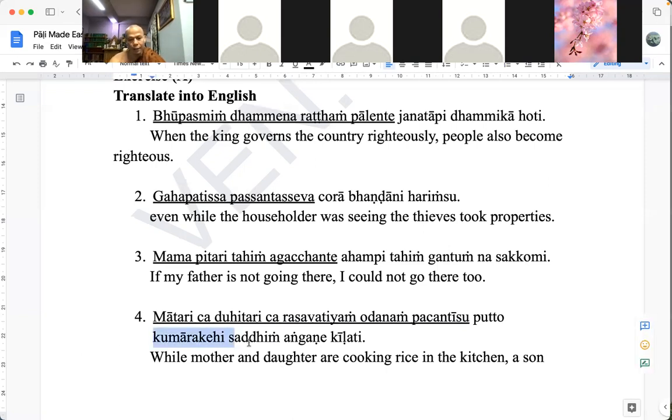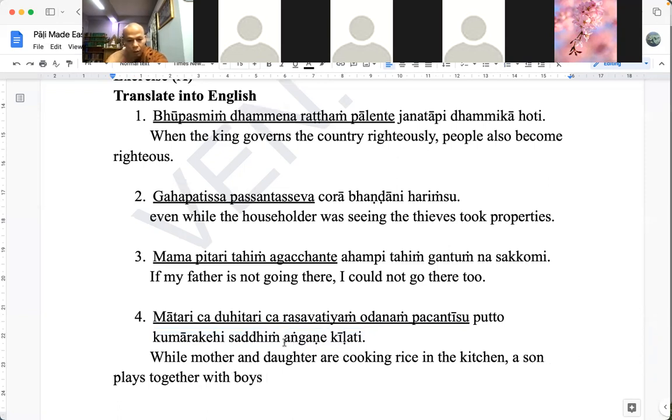So Kumara Gehi Sade Ingane Kilati. Ascend. So play together. Sade, play together with Kumaraka, which means child or boys, with boys.